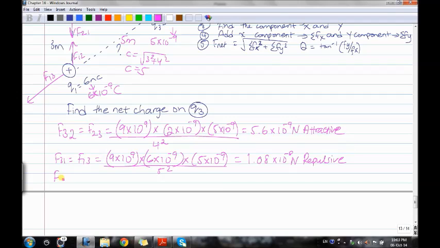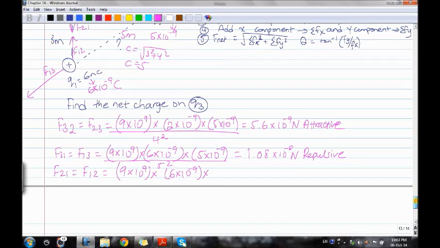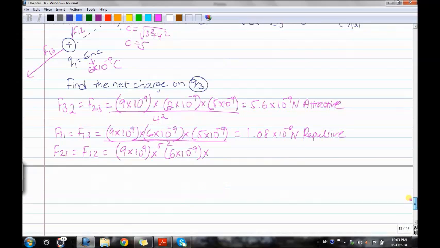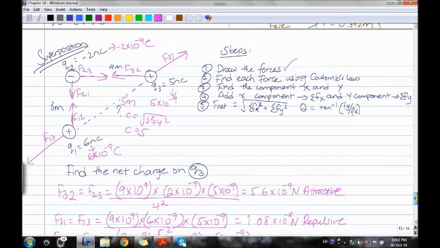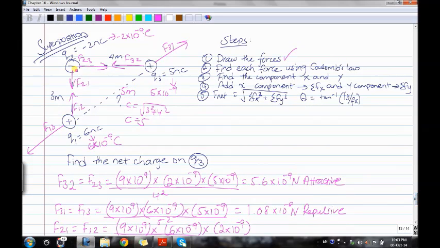And then the final one, F21 equals F12, equals 9 times 10 to the power of 9 times Q1, which is 6 times 10 to the power of negative 9, and also times Q2, where we ignore the negative, 2 times 10 to the power of negative 9, over, for F2 and F1, 3 meters.